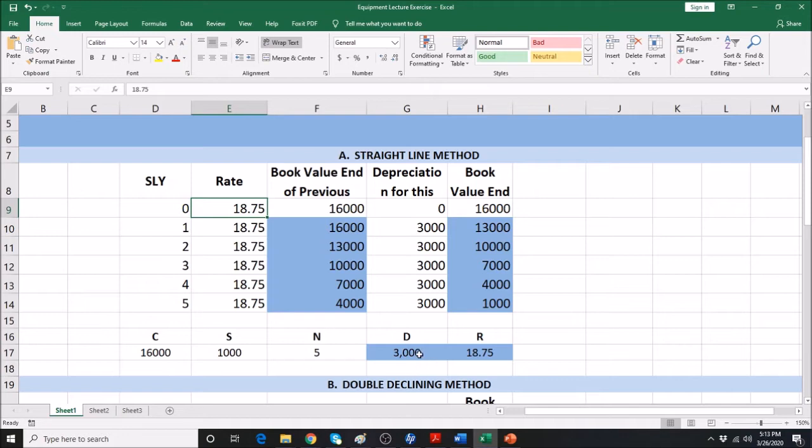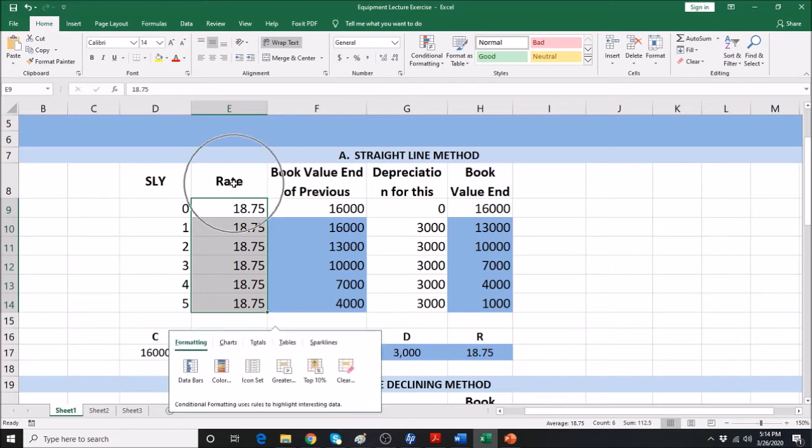That is simply your depreciation, which is the difference from our formula, C minus N, divided by 5, and that will give you the depreciation here. And this value divided by this equals 0.1875, times 100, that will give you the rate in percent.